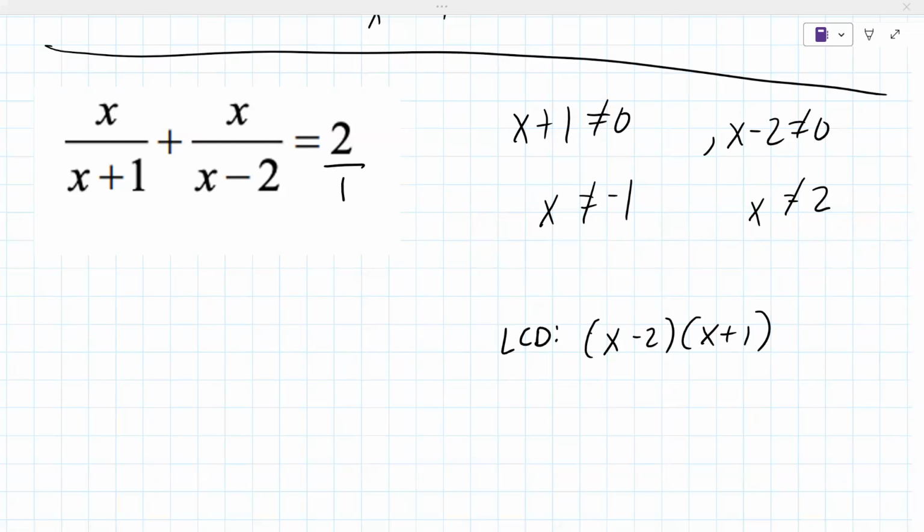Is it x minus 2, x plus 1? Yeah, exactly. And so you figure out what you are missing. You're missing an x minus 2 from the one on the left. You're missing an x plus 1 from the middle one, and you're missing both on the one on the right.